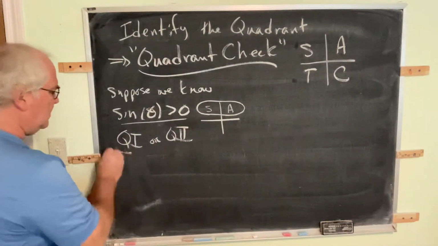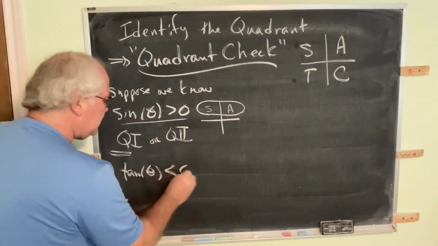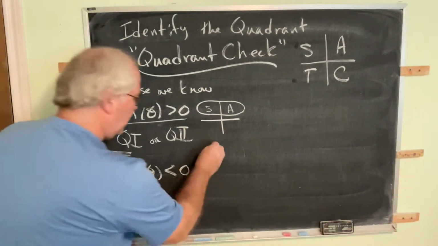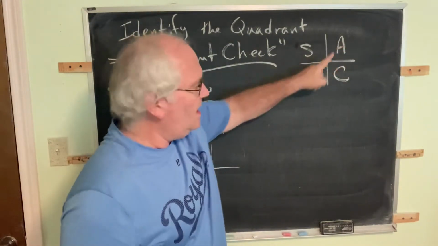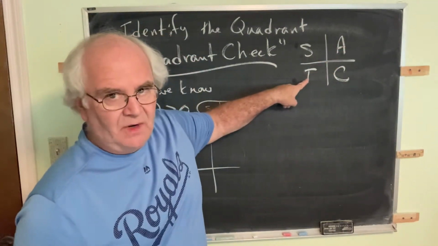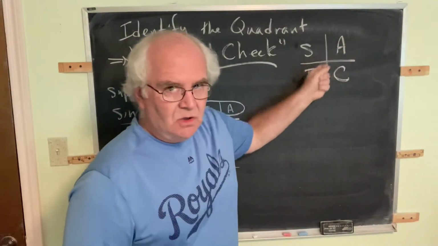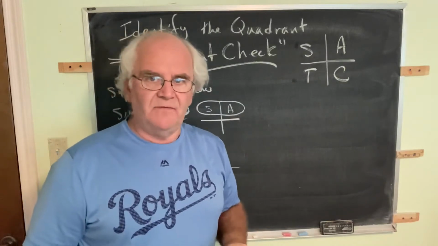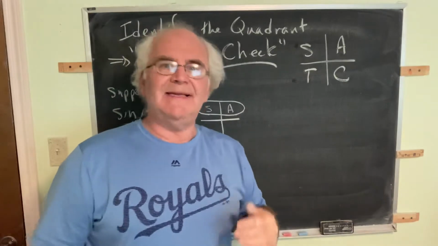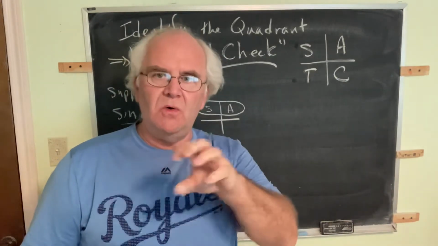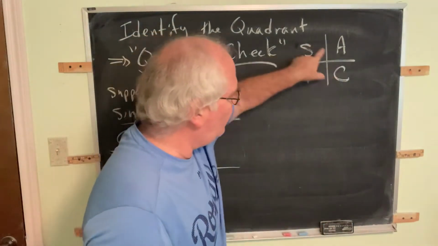Let's just practice that a little bit. Suppose we know tangent of theta is less than 0. Remember, this tells us everything's positive in 1, and tangent is positive in 3. These are the only two quadrants where tangent is positive. If tangent is positive in 1 and 3, it is negative in quadrants 2 and 4.